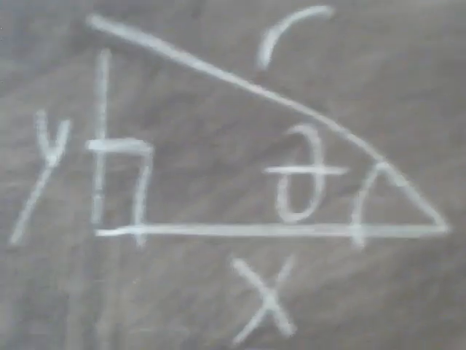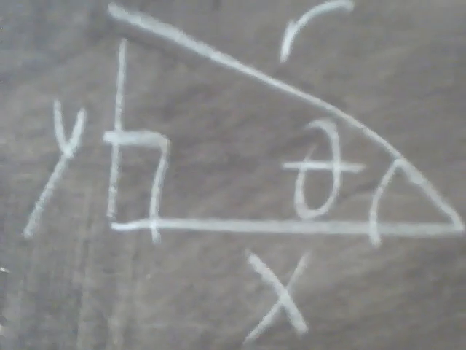And if you remember from our triangle, let me do it again, sorry. Here's our triangle, alright? X, Y, R. R is the hypotenuse, and remember how you get the hypotenuse in a right-angled triangle? A squared plus B squared is equal to C squared.